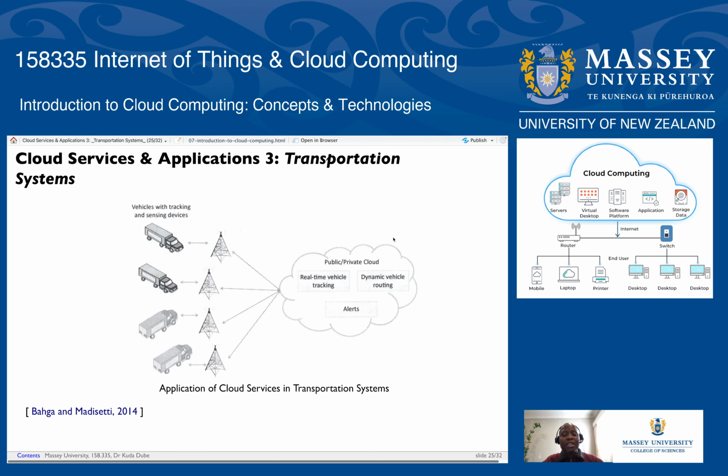They complement each other, especially when it comes to collecting and storing large amounts of data. But then you could have real-time vehicle tracking and also vehicle routing, and also alerts for any issues that might arise. Those are based on data collected from the vehicles. Of course, the vehicles usually communicate via radio communication or mobile wireless communication as they move around.